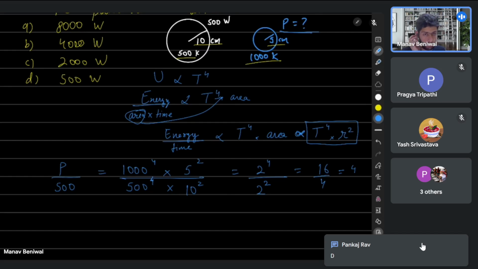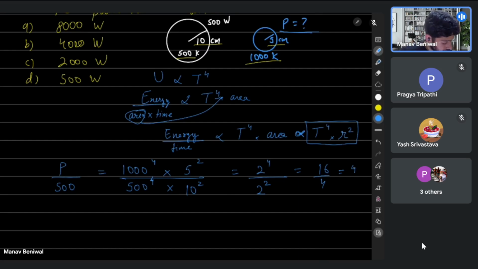So this comes out to be 4, right? And so P over 500 is 4. So your P is 4 into 500, which is now 2000 watt. Okay, so C.